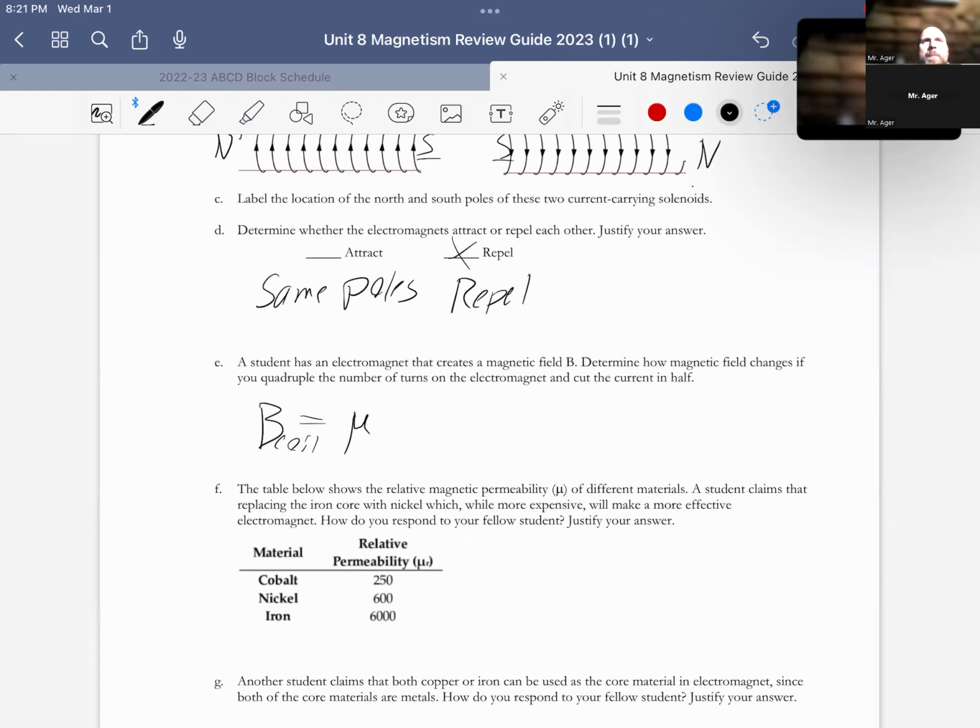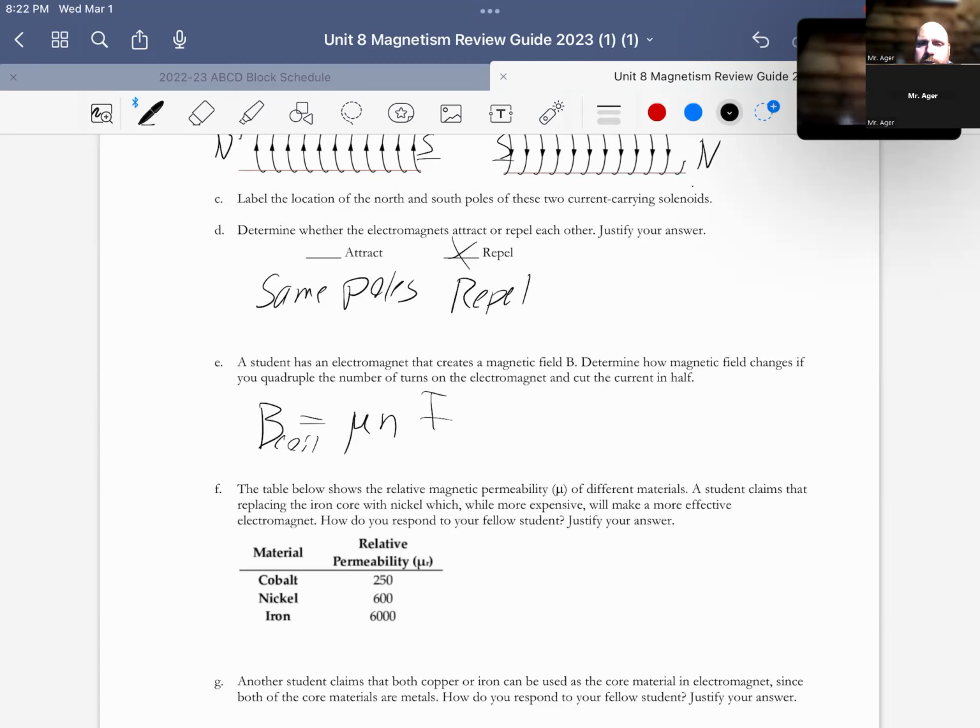So that's a mu. What kind is it? Iron, cobalt, nickel, neodymium. Well, not neodymium, but whatever it would be. Permeability of the core material times the number of coils times the current. So they're all linear. They're all proportional relations. So whatever you do to one, it does to the other side.